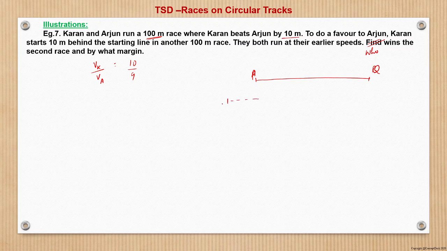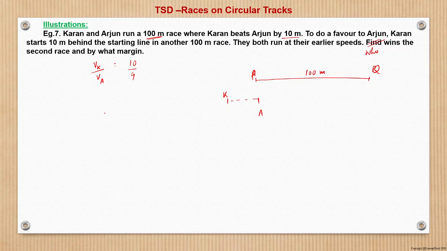Karan starts 10 meters behind, so from here Karan starts and Arjun starts from point P. They both run at their earlier speeds. Who wins the race? And this is 100 meters. So basically Karan has to run 110 meters and Arjun has to cover 100 meters.